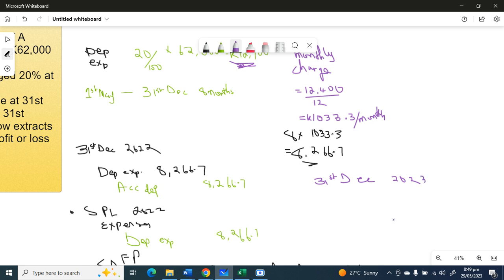Journal entry will be debit depreciation expense 12,400. And then accumulated depreciation, you credit 12,400.